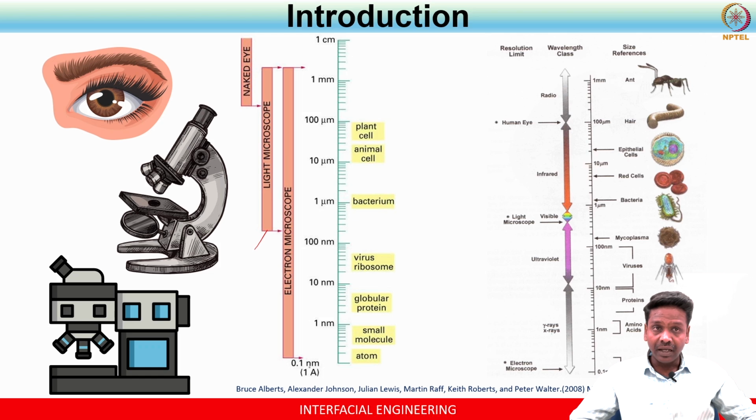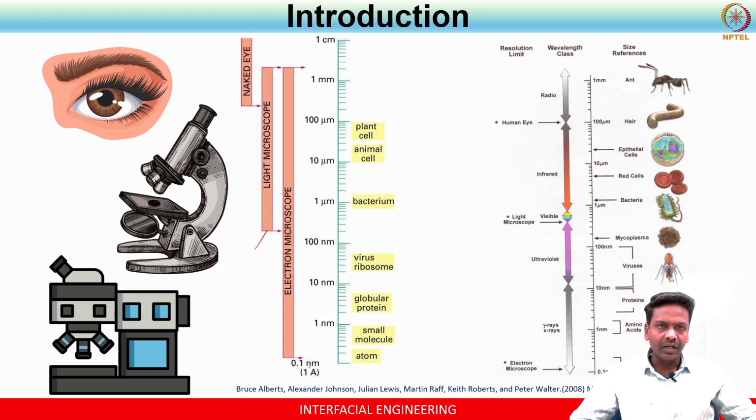With that you will be able to look at the samples. For example, if you want to see how bacteria look, you can see them using light microscopy. But if you want to understand how a virus looks, you may not see it through light microscopy. In such a case, you may have to resort to electron microscopy.